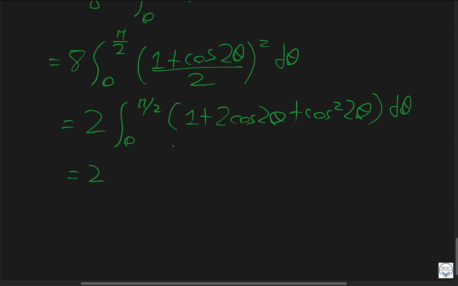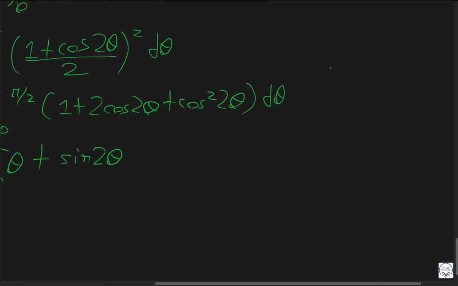Now let's do the integral. The integral of 1 is just theta, plus the integral of 2 cos 2 theta, which is sin 2 theta. Next we have to integrate cos squared 2 theta. Let's do this over here.